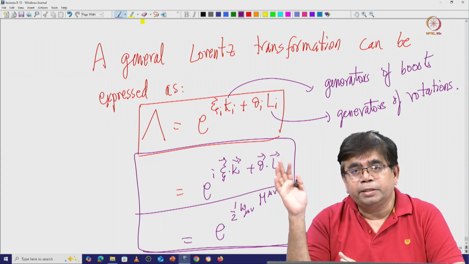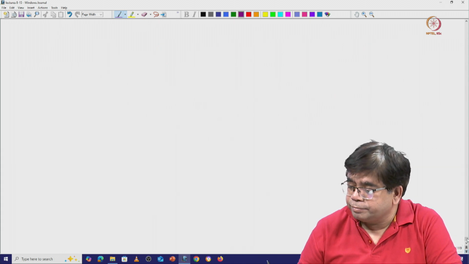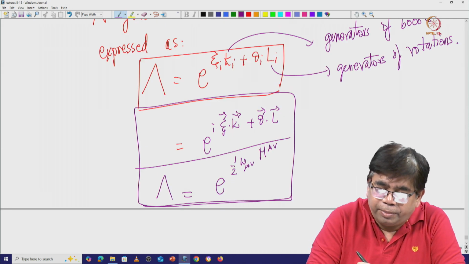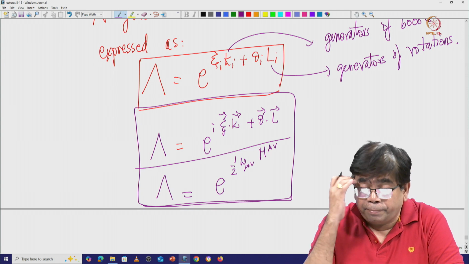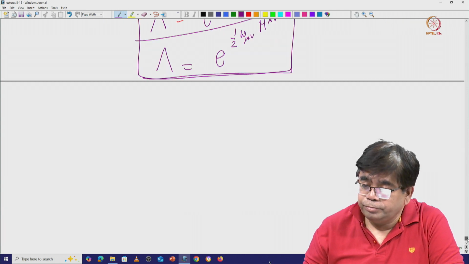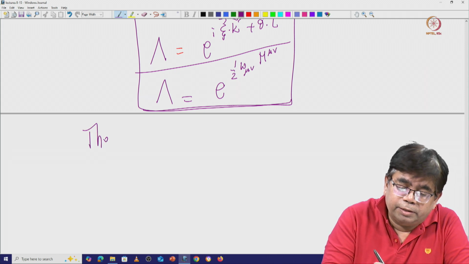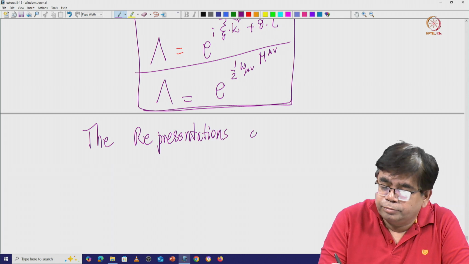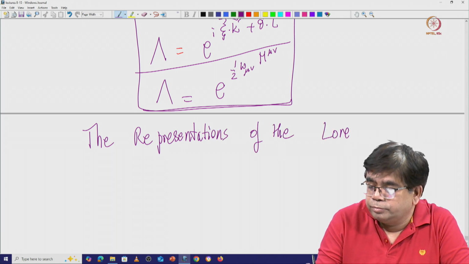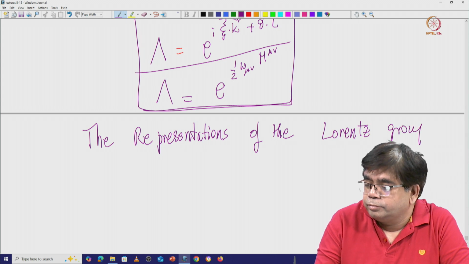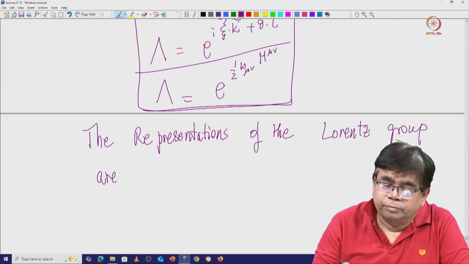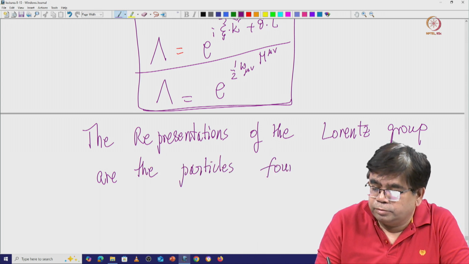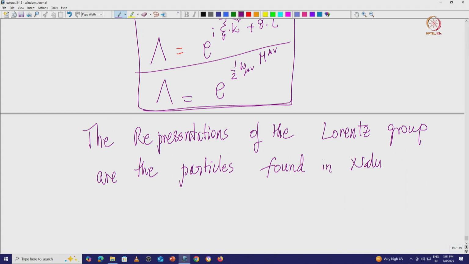To be more exact, every Lorentz transformation lambda has this particular form.